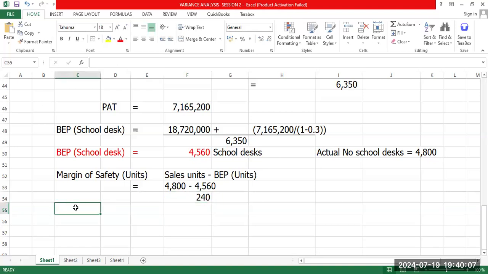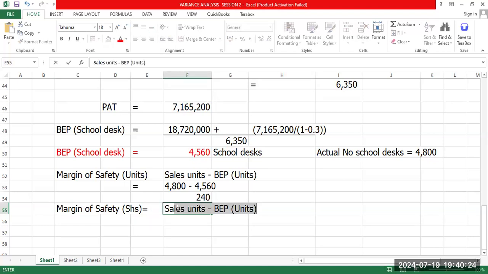Then margin of safety in shillings or in amount is equal to total sales minus break-even point in shillings.